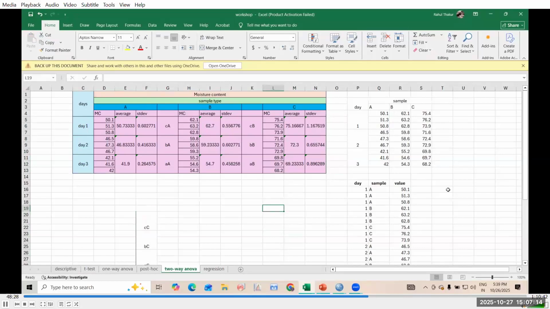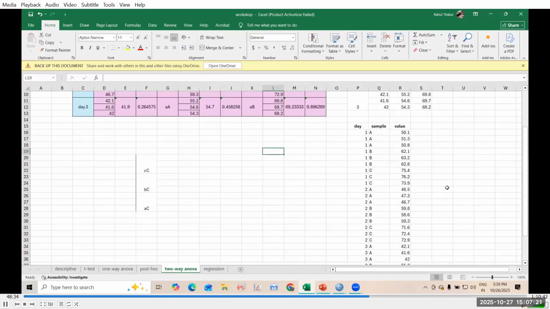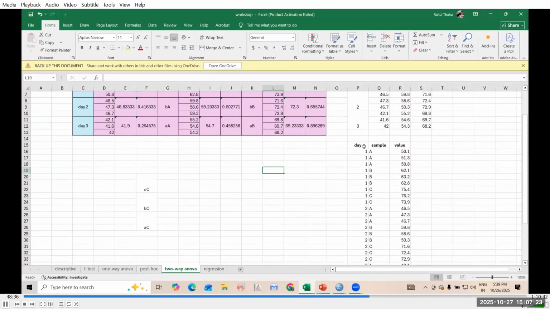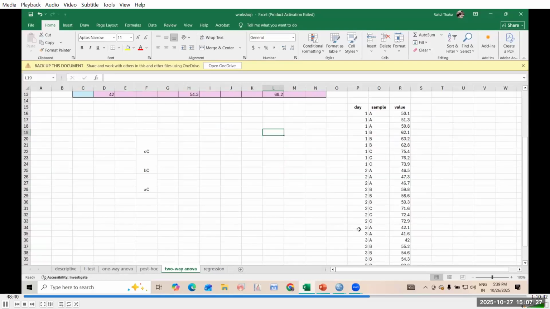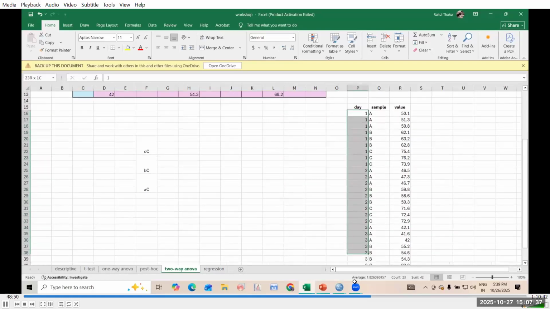For this, I have already entered the data in the SPSS software. I have noted the days as 1, 2, 3, the samples as A, B, C, and the values of moisture content like this. Then we'll put the first independent variable at a time.